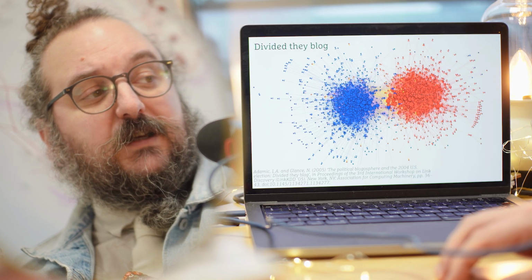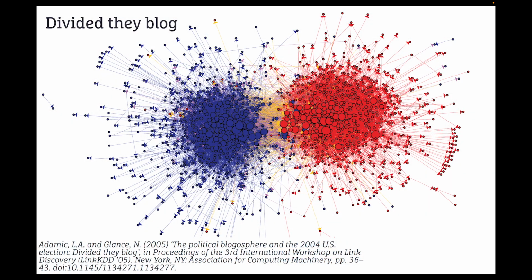It's from Lada Adamic and Natalie Glance, and it represents the blogosphere just before the second George W. Bush election in 2004-2005. So the blogosphere is blogs connected with each other. It's before Twitter, it's before Facebook. So before we had what we now call social media, the politicians would communicate with blogs.